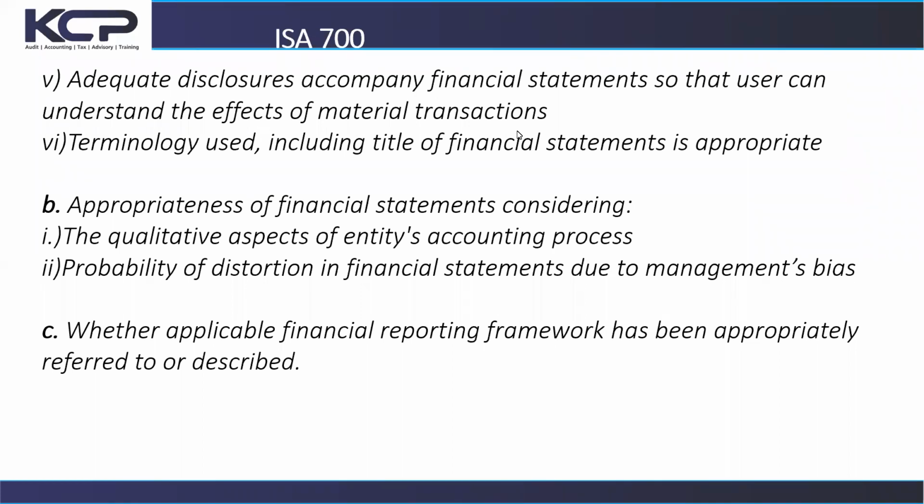Then another thing is that we should be able to clear the dots on appropriateness of financial statement, considering the qualitative aspect of the entity's accounting process, then the probability of distortion of the financial statement due to management's bias. So we must be sure that the bias or the self-interest of the management will not distort the true and fair position of the financial statement.